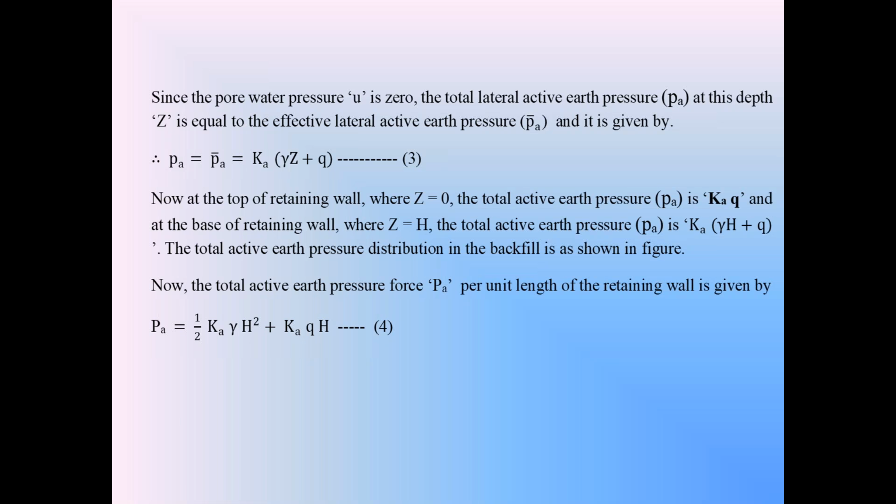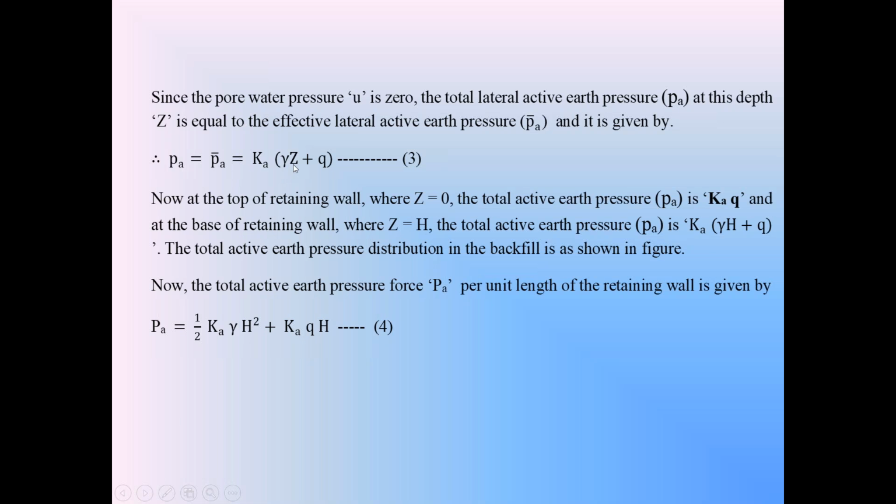So when the depth z is 0, the active earth pressure Pa is equal to Ka into gamma into 0 plus Q, that is Ka into Q.